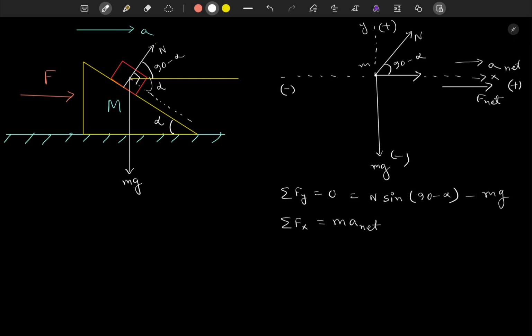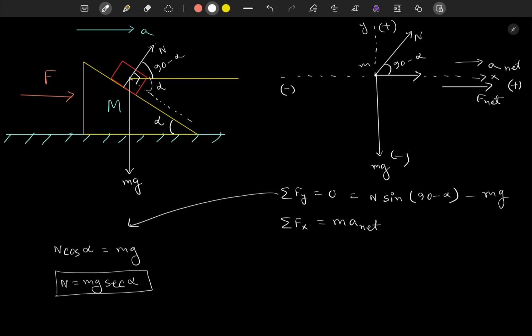So we have two equations here, and we will find that N cos alpha is equal to mg. So N is equal to mg sec alpha. We found N, and we can use this later on.